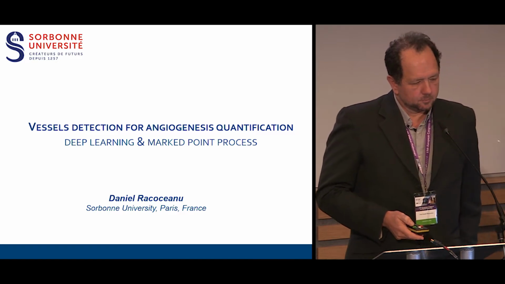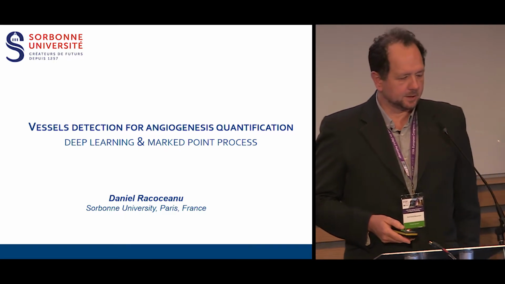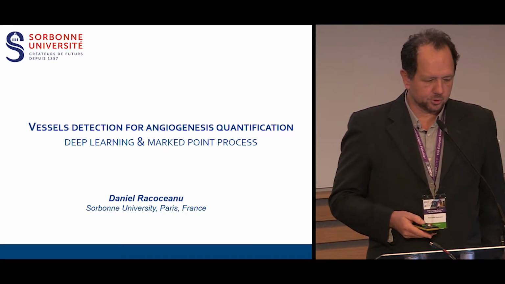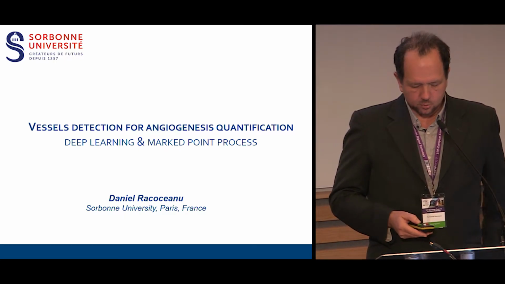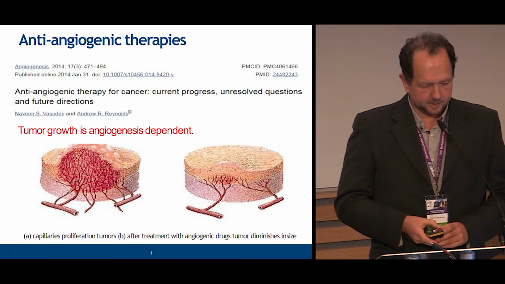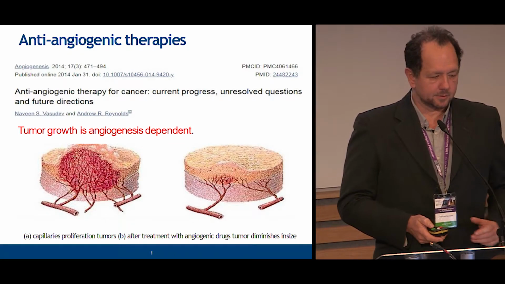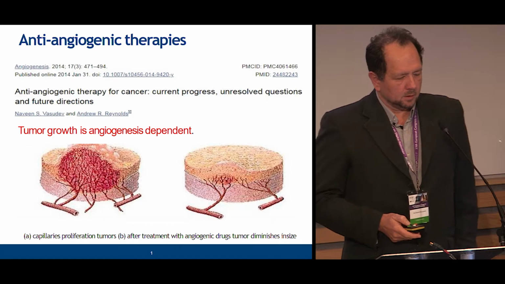So I would like to present you some results we have about vessel detection for angiogenesis quantification, which is an interesting problem. You may all agree with me, I guess, for cancer assessment in general.